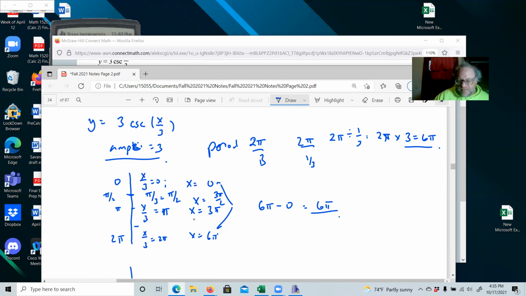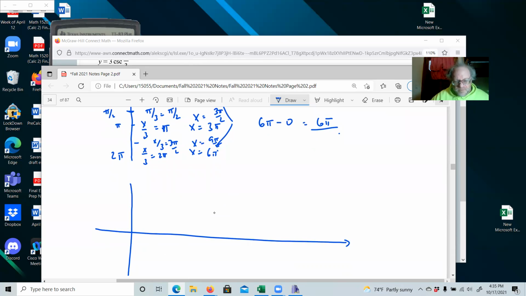And here, x over 3 equals 3 pi over 2, so x equals 9 pi over 2. So we go from 0. Here's 6 pi, here is 3 pi, here is 3 pi over 2, and here is 9 pi over 2, 4.5 pi. And this was 3, negative 3, wasn't it?